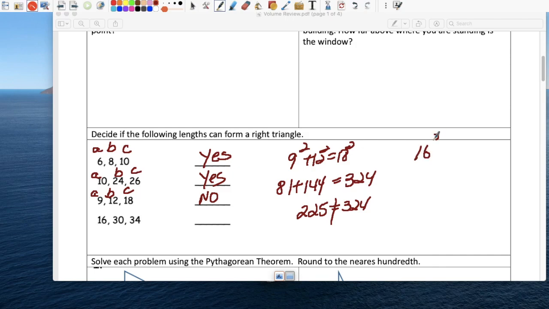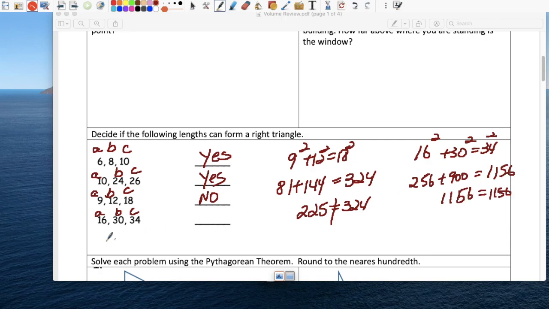Last one: A, B, and C. 16 squared plus 30 squared equals 34 squared. So 16 squared is 256 plus 900 equals, 34 squared, that's 1,156, and in this case they are equal to each other.